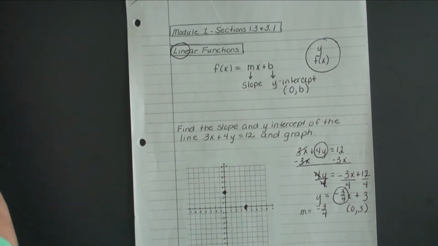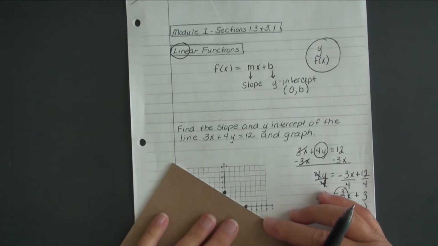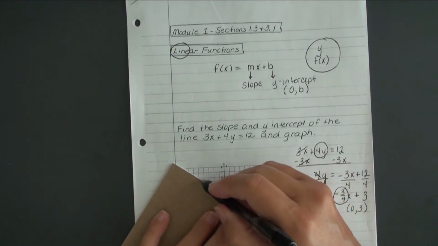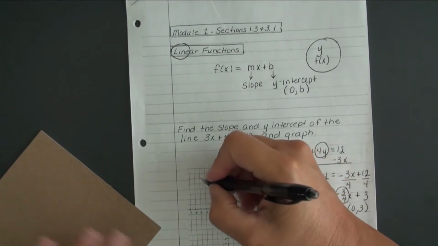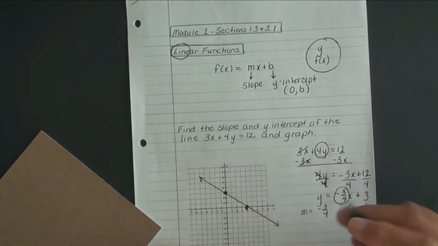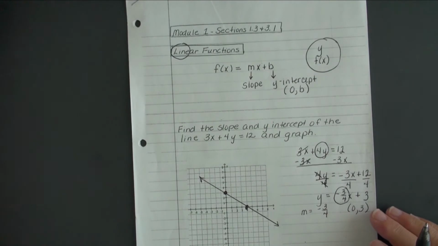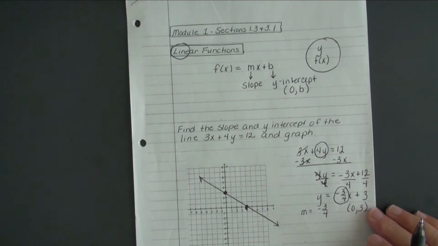And then at that point, you'll take a straight edge and you will connect the points. And we now have the equation graphed as a line.